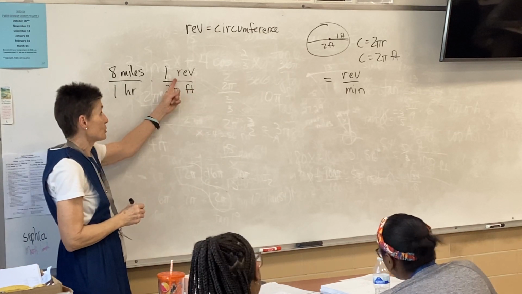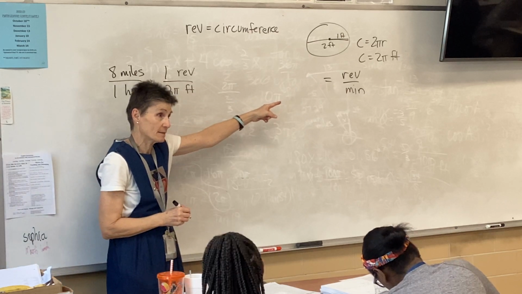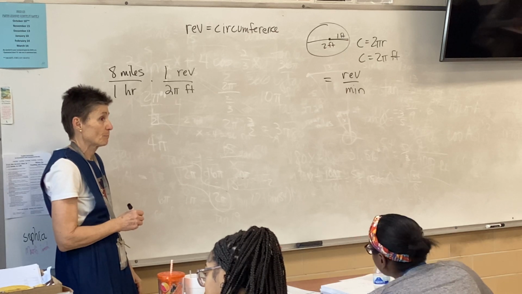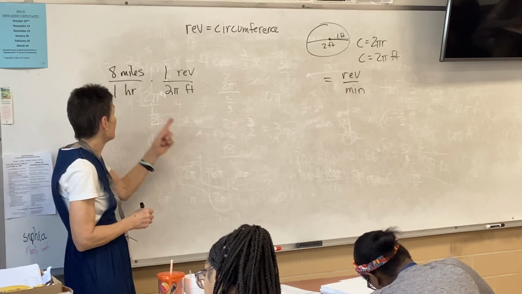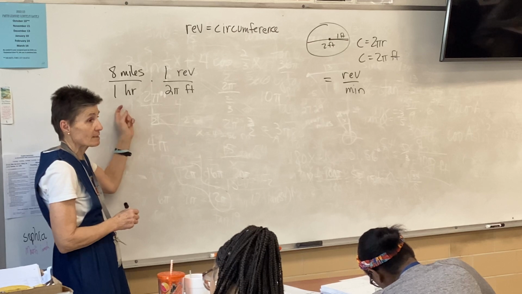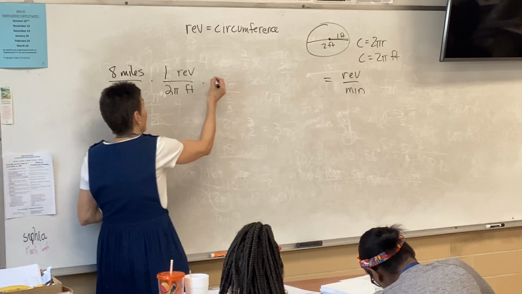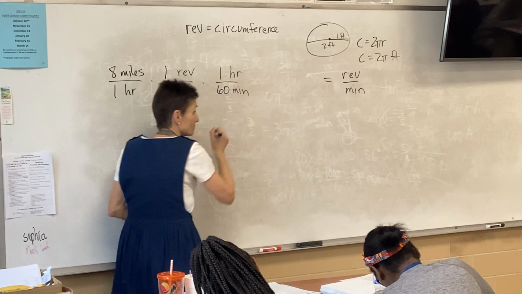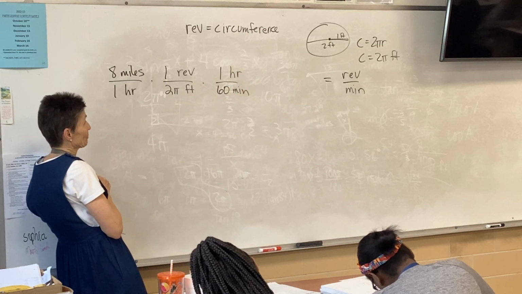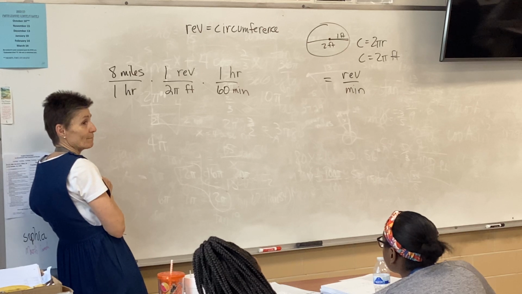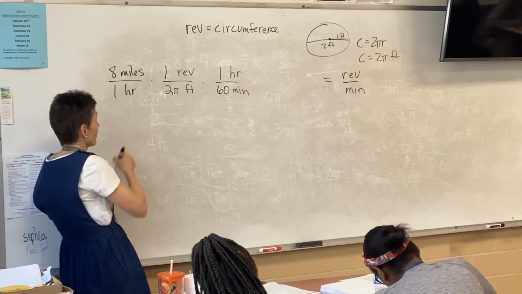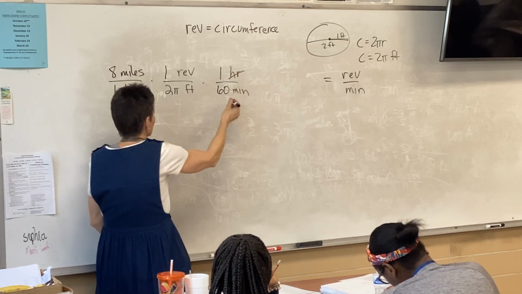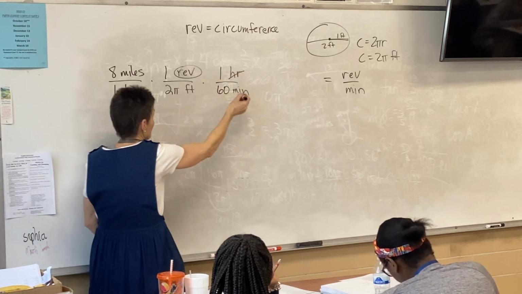So I'm gonna come over here and say 1 revolution is 2 pi feet. Now I put revolutions on top because that's where I want them in the end. So 1 revolution is 2 pi feet. All right, how am I gonna get minutes? I need minutes. How am I gonna get it? 1 hour is 60 minutes. So I've got my minutes where I want it, and my revolutions where I want it.